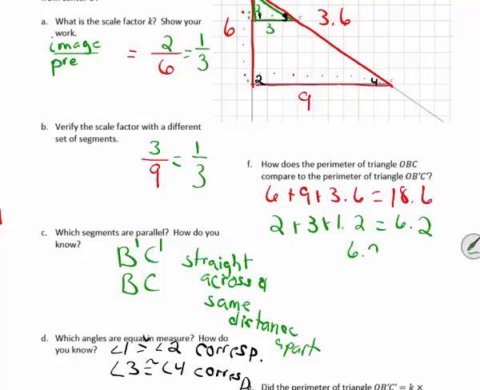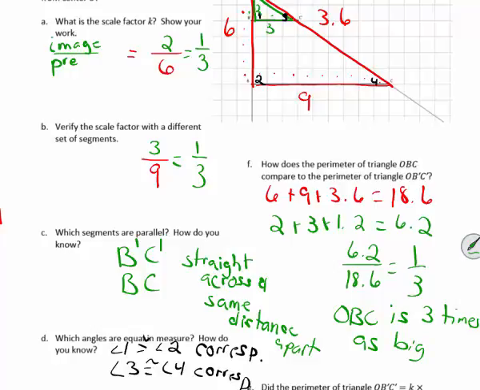So 6.2 over 18.6, which does indeed reduce to 1/3. All right, but we want to know, how does the big compare to the little? So OBC is 3 times as big, because they asked us to compare it in a different order.